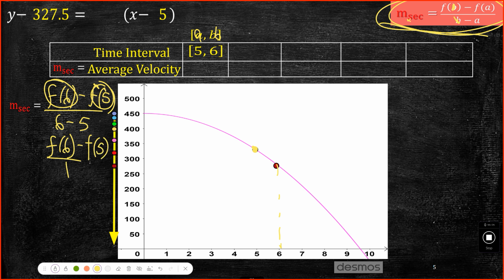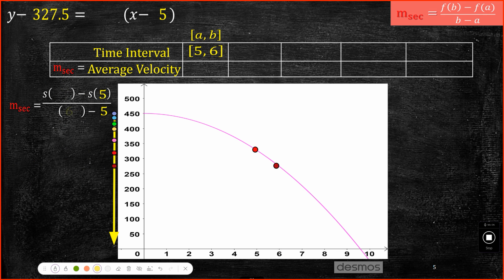Actually, it wasn't f, it was s. s of 6 minus s of 5 over 1. And that's going to be m secant for this first approximation. So the velocity here is about negative 53.9, which is a very good approximation, but it's not exact.